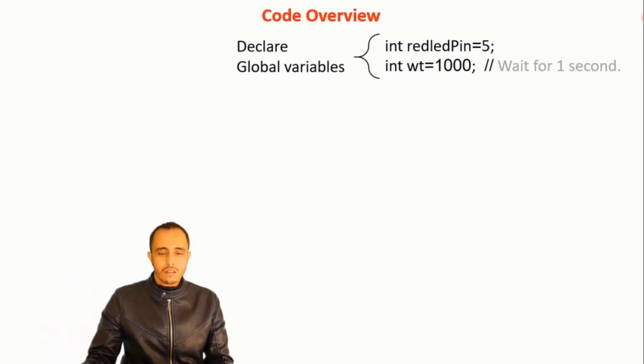This is just a comment, and it is ignored by Arduino compiler. And in this comment, we wrote wait for 1 second. These comments are interesting for the reason that we want the people who read our code to understand what we mean by WT and 1000 milliseconds.